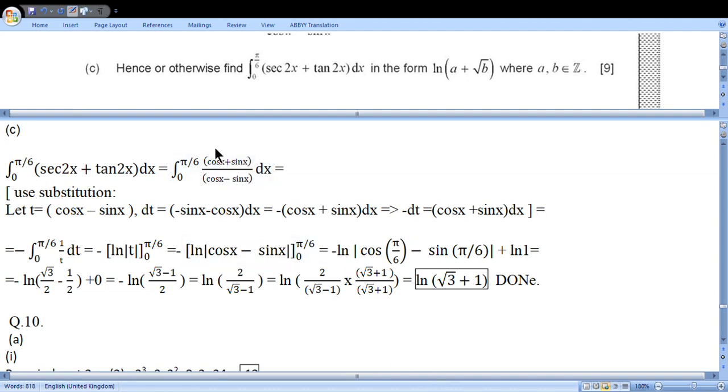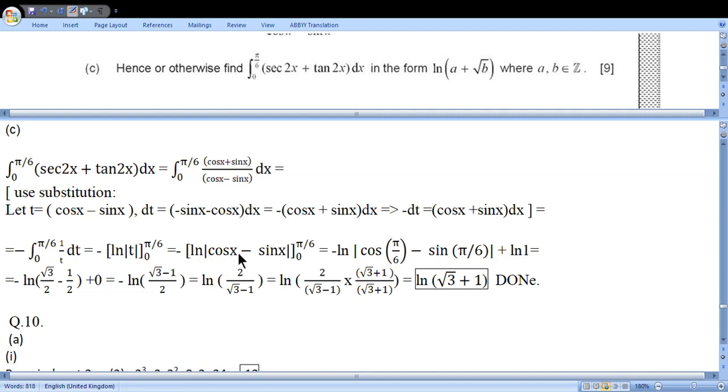So we can substitute (cosine plus sine) dx by minus dt and the denominator by t. So we get this expression. So the integral will be logarithm of t. Then we substitute the expression for t, cosine minus sine.